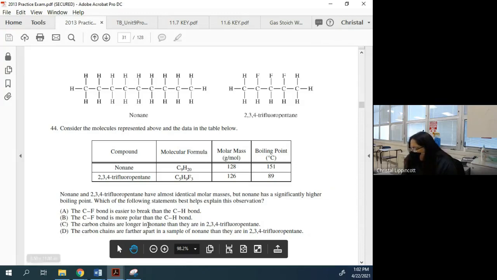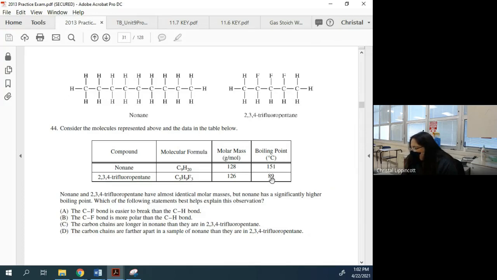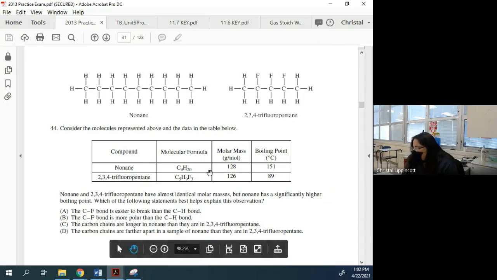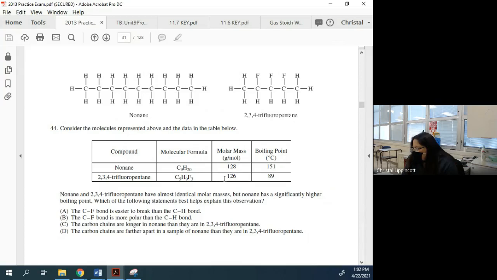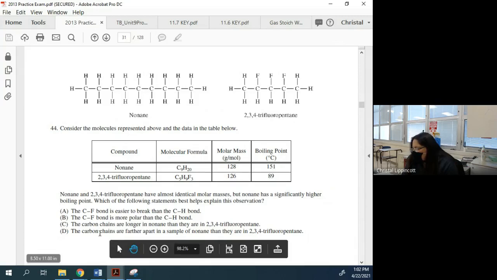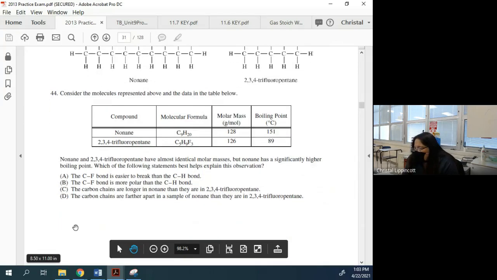The carbon chains are longer in this one, much longer than this one. Because of that, it's going to have a higher boiling point than this one. Their molecular masses are pretty constant here, so that's not going to factor in either as far as LDF issues are concerned. So all right, 45.